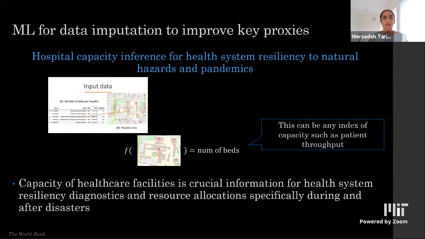Although it's not the best proxy, for example number of beds as the capacity, for this particular project I used aerial footage of the healthcare facilities, set it up with number of beds as a proxy for capacity, and then trained a machine learning model to impute some of the lost data that we have. If we don't do this, we lose observations, or we have to drop the whole set of information about capacity from the analysis, which again is extremely important in resource allocation, specifically during and after disasters.